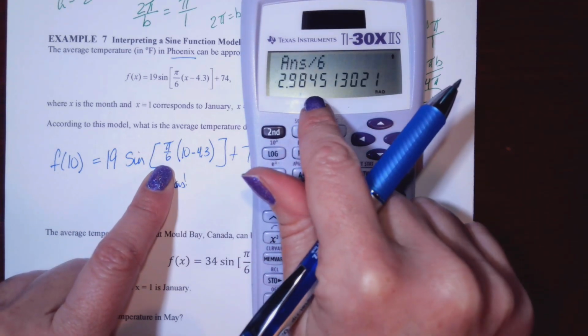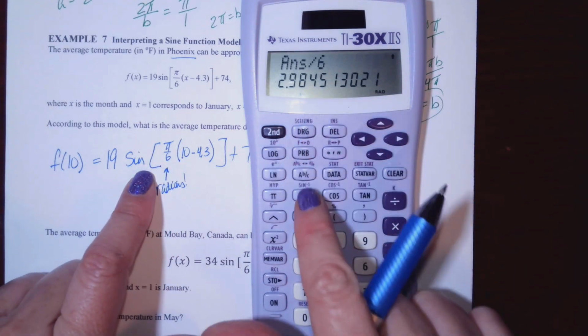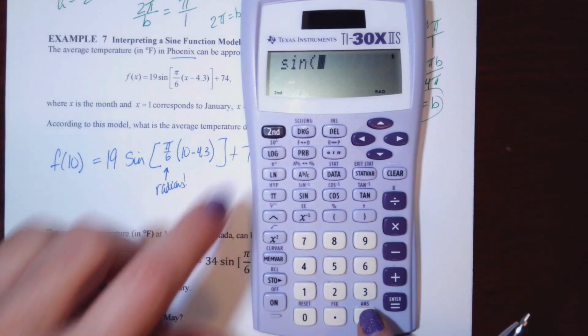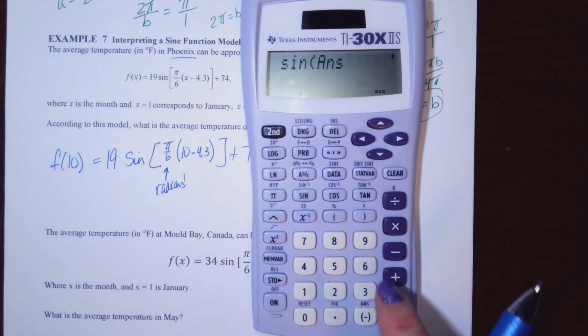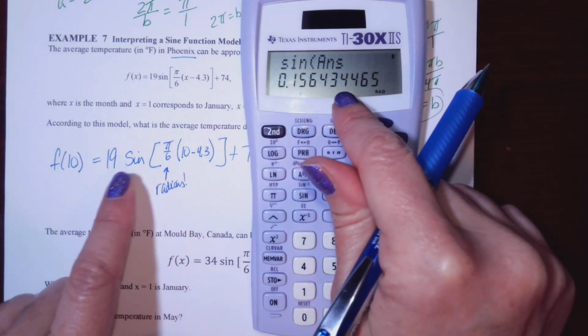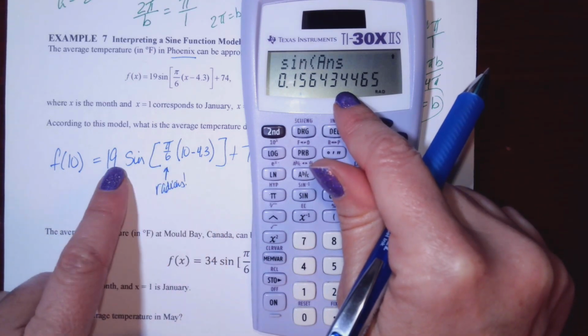And then I need to find sine of this value. Notice that I am not rounding anything off. So I'm in radians. I'm going to find sine of, and I'm going to use my second answer combination to bring back what I had just found. So that's sine of that function value here. Order of operations, before I do addition, I'm going to multiply.